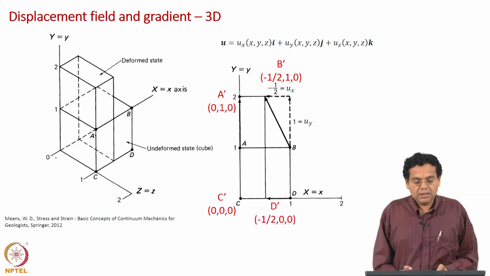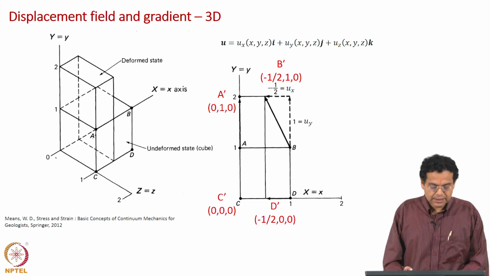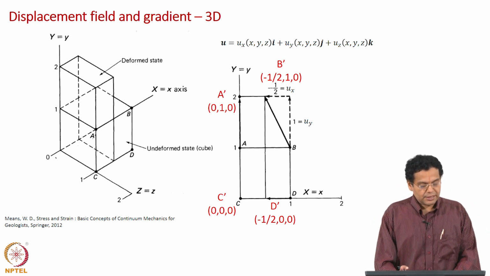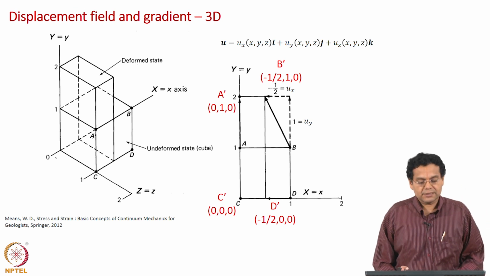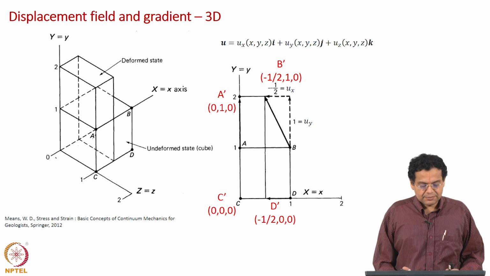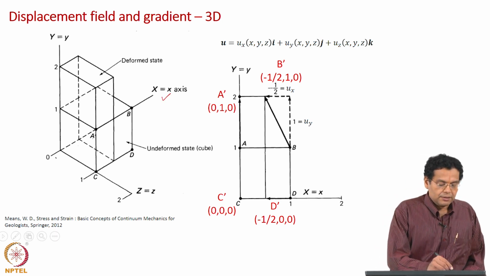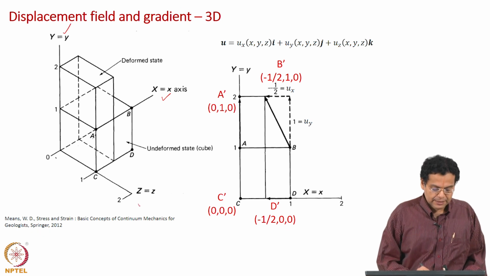Okay, now let us move to 3-dimensional case. A very good representation, a very good example from stress and strain. Note the axis characteristic of that book, the x axis here, the y axis here, the z axis here. Okay.